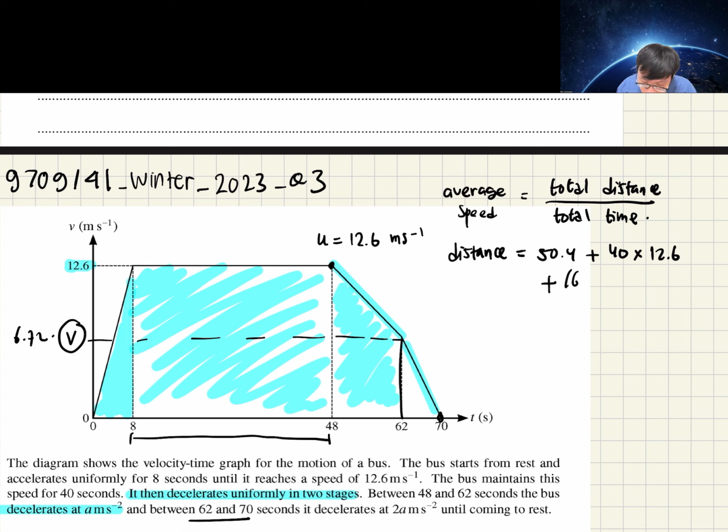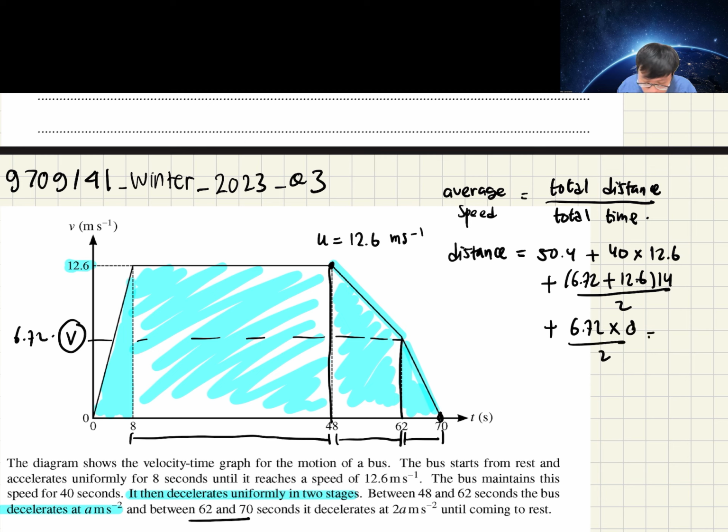So that will be 6.72 plus the sum of parallel side, 12.6, this one. And then the height is this one, which is 14, divided by 2, plus the last area is a triangle. The height is 6.72 times the base, which is 8, divided by 2.